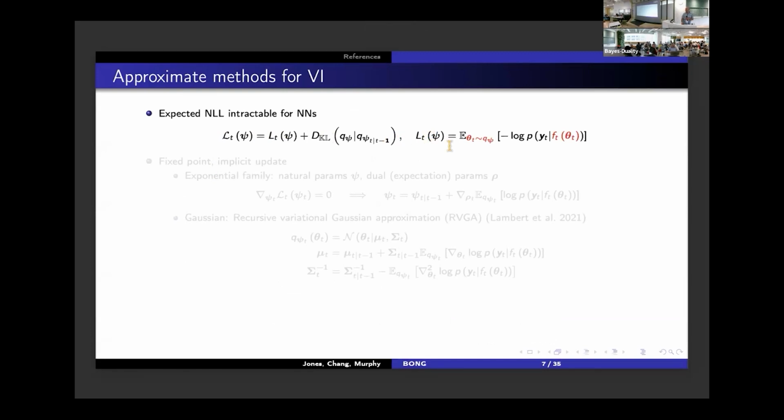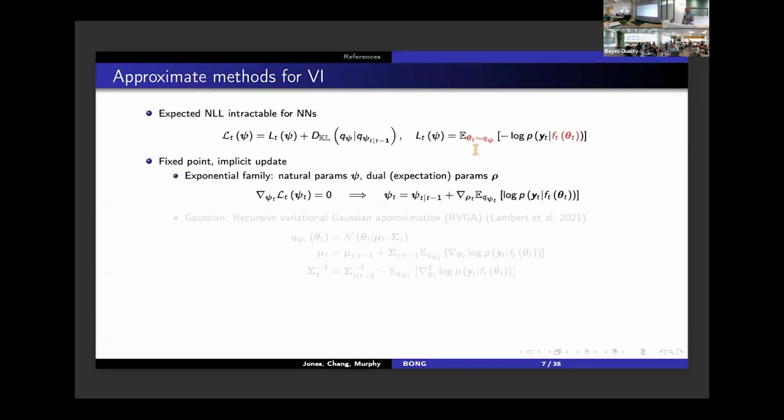The expected negative log likelihood is not tractable because this is some complex nonlinear function that you're trying to integrate over. Even if this is a simple variational distribution like a Gaussian, you still can't integrate it. So you need some sort of methods for approximate VI. And so I'll talk about this, basically just related work background.